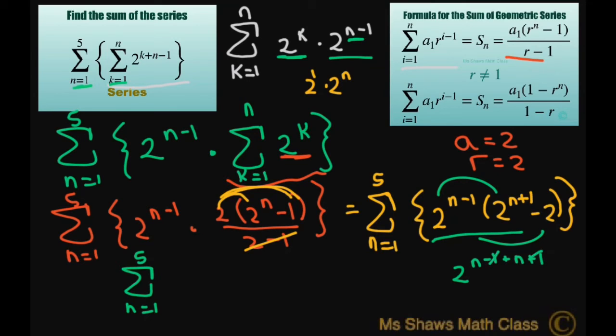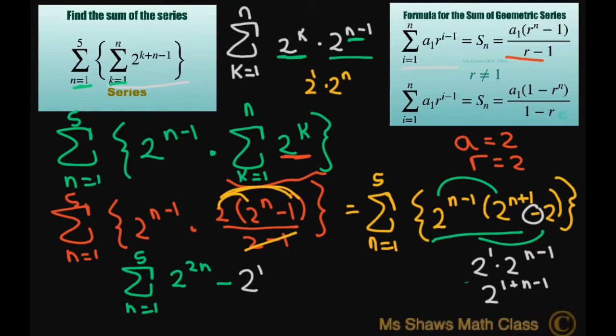So what happens is the ones cancel, and you're going to get 2 to the power of 2n. Minus, now let's do this one. So we already have the minus. This is going to be 2 times 2 to the power of n minus 1. So when you do 2, we have the same base, so it's going to be 1 plus n minus 1. So that's going to be 2 to the power of n.